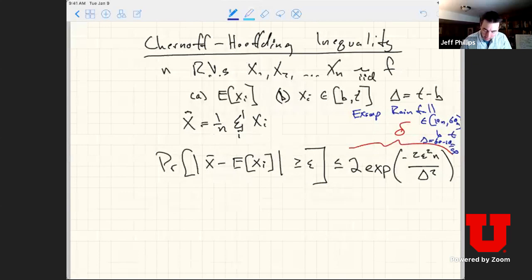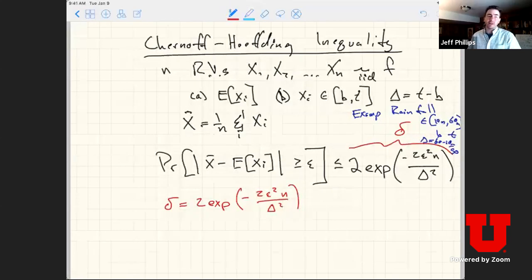Okay, so let me say one thing so we can compare it to the Chebyshev inequality. On the PAC bound, we get that by solving for this term delta, which is equal to 2 times e to the power of negative 2 epsilon squared n divided by delta squared. Let's now solve for n in this case.